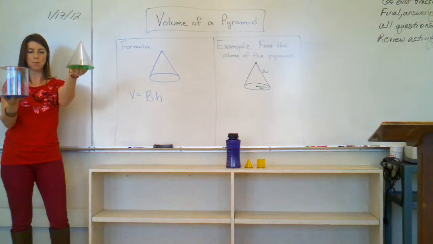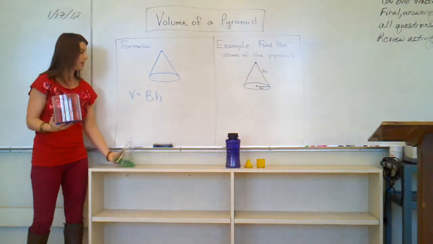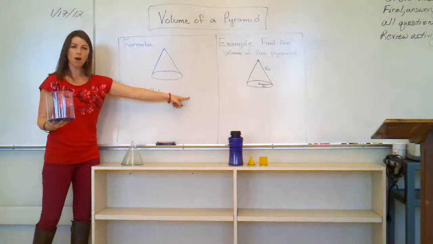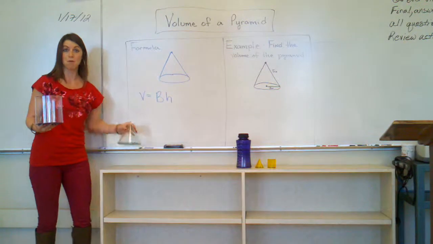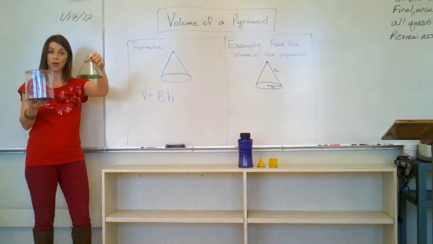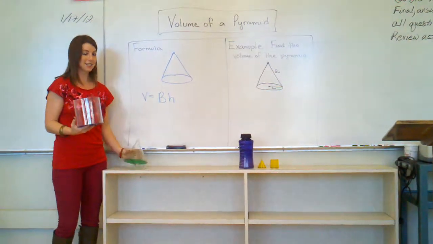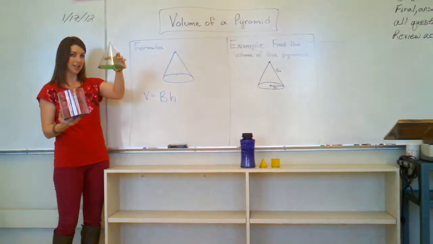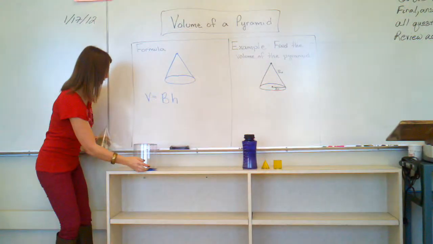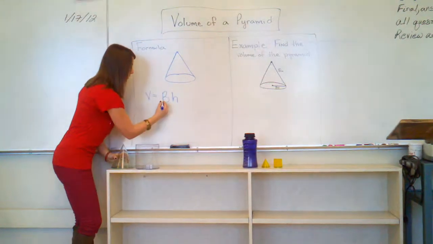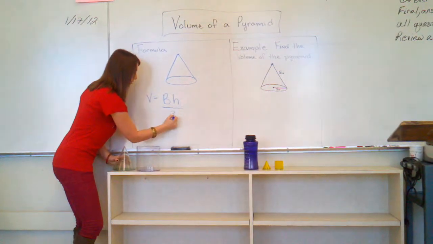This one's quite a bit smaller. So we're either going to be subtracting something off or dividing, somehow making our volume a smaller amount, because it's not a cylinder, it's a cone. In fact, it turns out that this is exactly 1/3 the volume of this one. So to find the volume, all we have to do is divide it by 3.